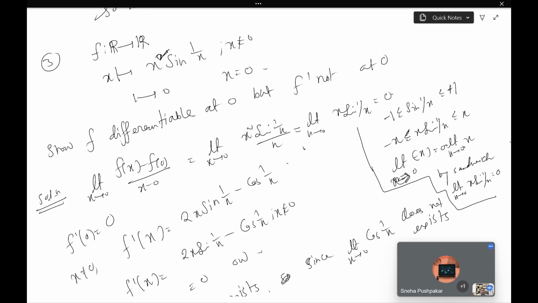So basically, sine 1 by x lies from -1 to +1, right? Yes, sir. So now we are multiplying x on both sides of the inequality, right? Now the left side goes to 0 as x goes to 0, and the right side also goes to 0 as x goes to 0. So by the sandwich theorem, sir. Now I got it. Yes, sir.